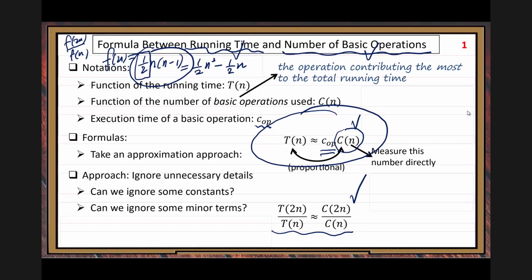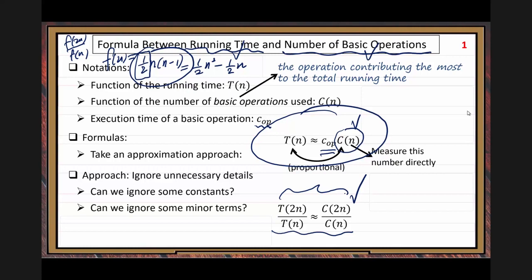So from this observation, you can see we can simplify the original function by ignoring the leading coefficient, because we just take the most important part. The leading coefficient we treat as a less important part. So that's one simplification.